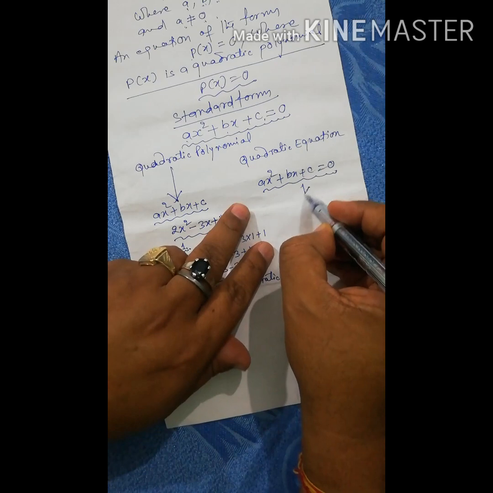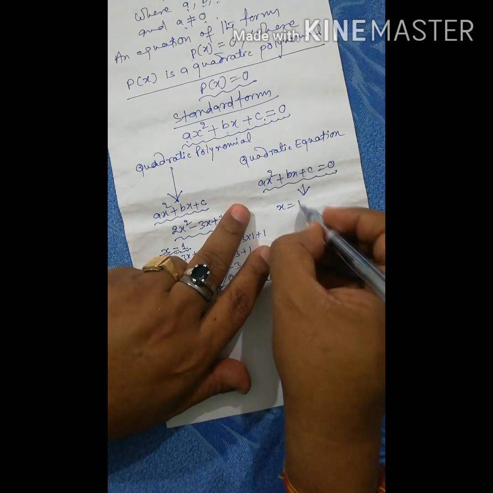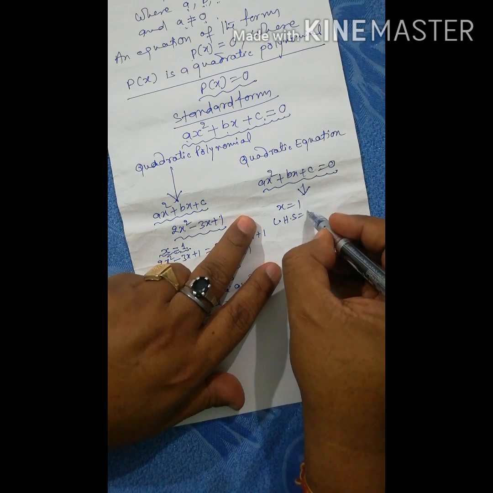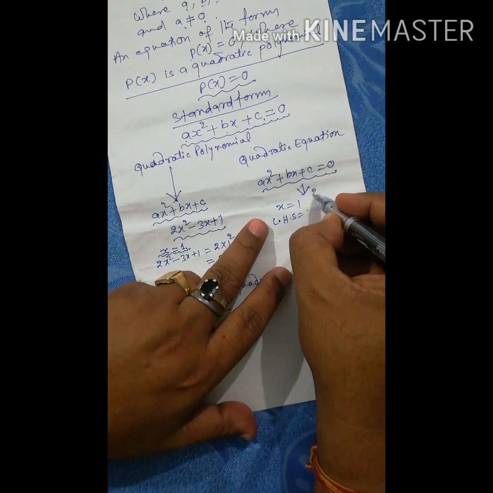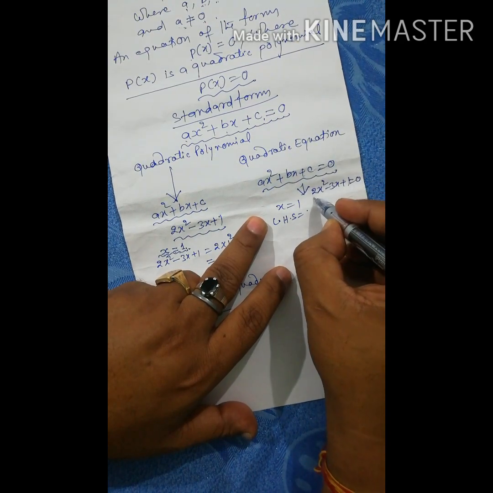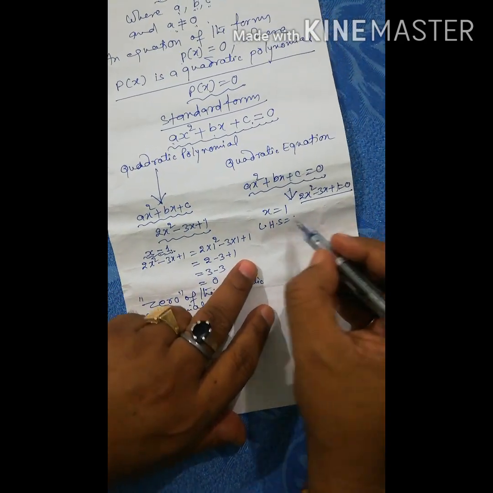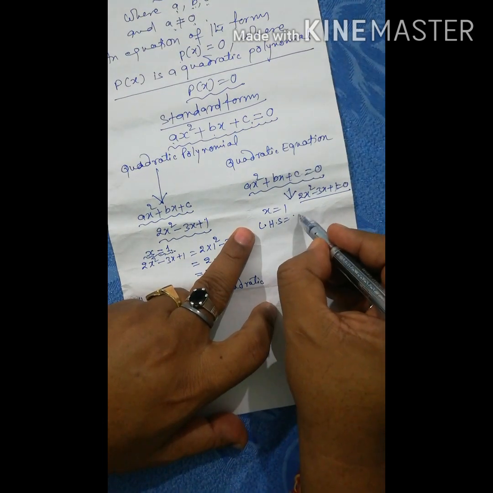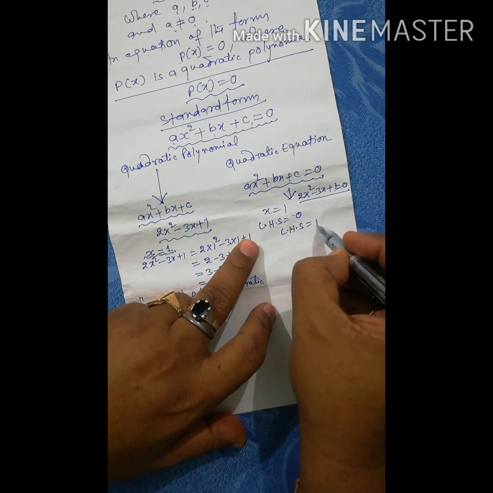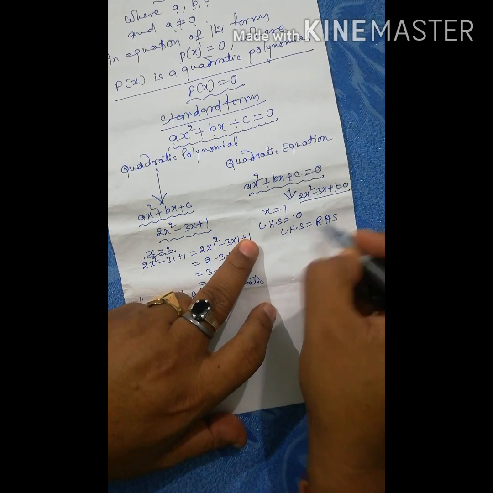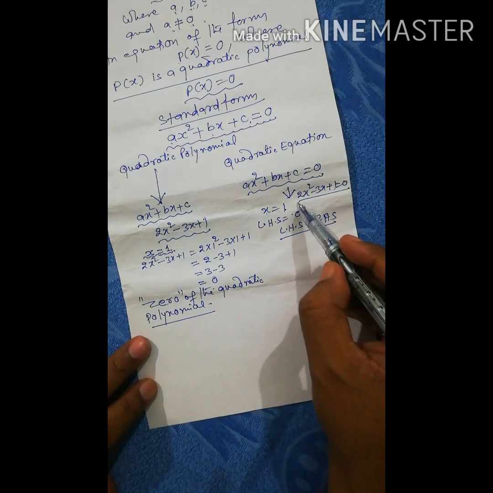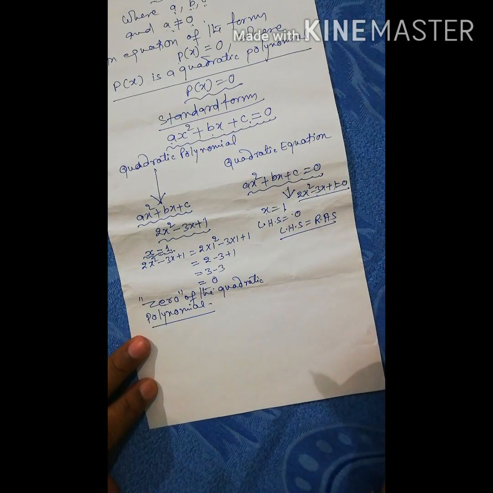But if you consider the same expression, 2x² − 3x + 1 = 0, this is a quadratic equation. In this equation, if you put x = 1, you get LHS = 0 and LHS = RHS. This means x = 1 satisfies the equation 2x² − 3x + 1 = 0.